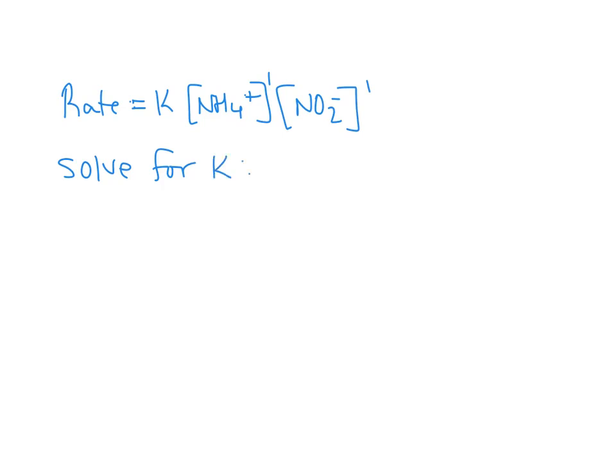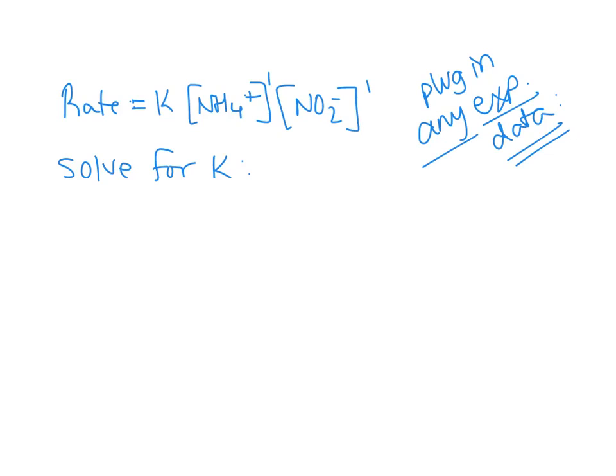From there, since you know what these exponents are, you can just take any experiment and plug in that data to this equation and solve for what that k value is. It doesn't really matter what experiment you pick. I'm going to pick experiment number 1, and I'm going to plug in all the data.